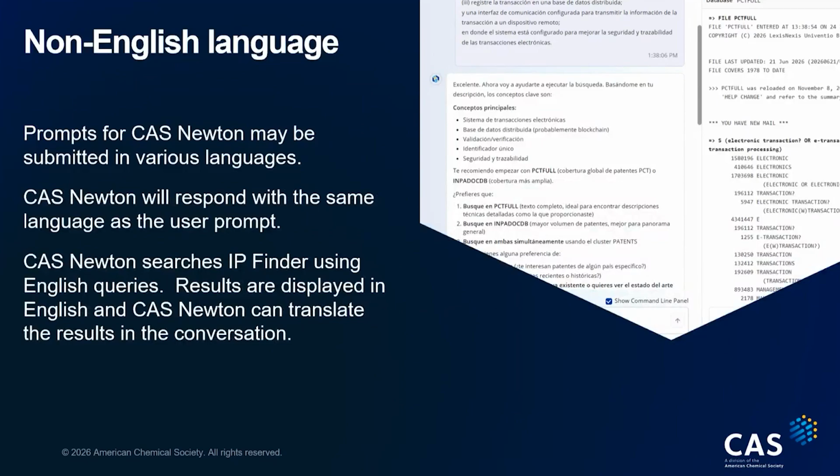Do keep in mind that the searching it's doing on your behalf is still going to be with English. You can see a little bit of that on the right side of this example, where it still knows that the input commands to STN's messenger interface must be in English, but the interaction with you in the conversation can be non-English.